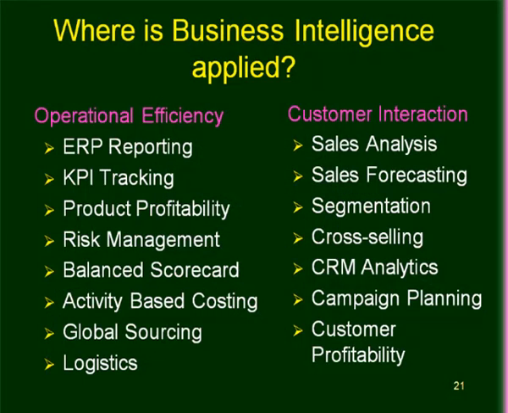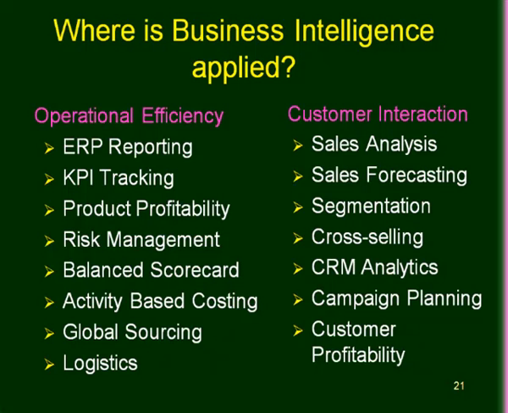BI can be applied within the business or in those areas that reach outside the business. Few examples are shown on the slide. Companies spend millions on ERP and find they are unable to report or analyze their data. In that situation, BI is more useful.